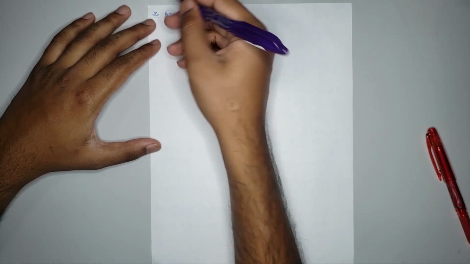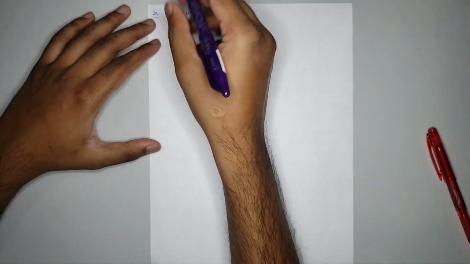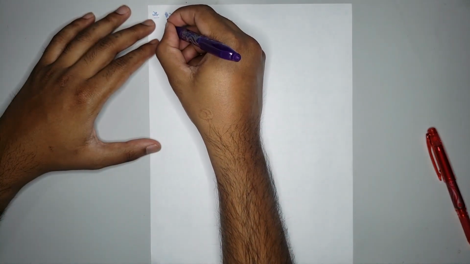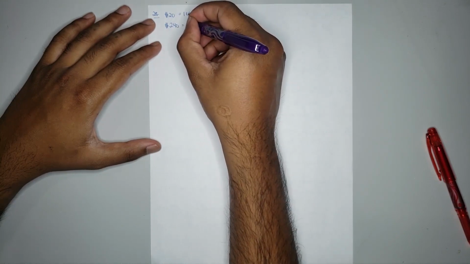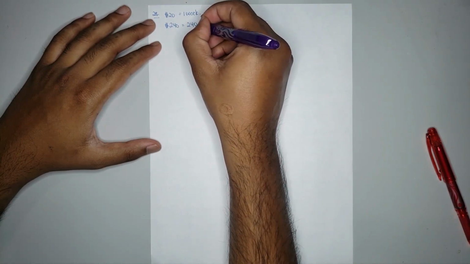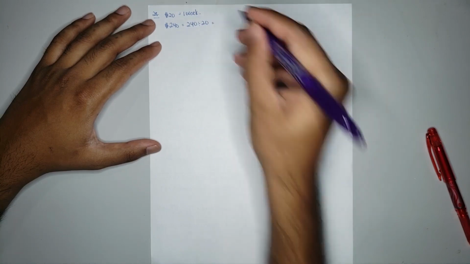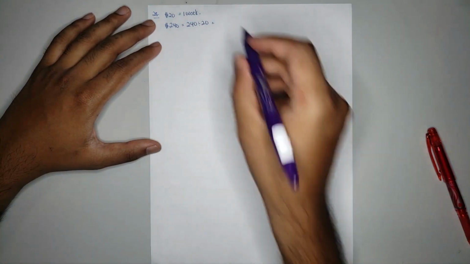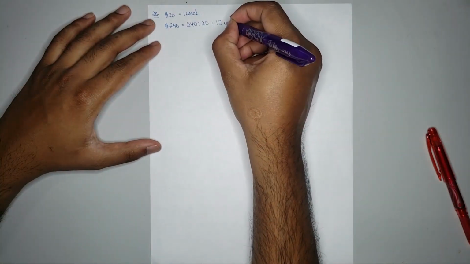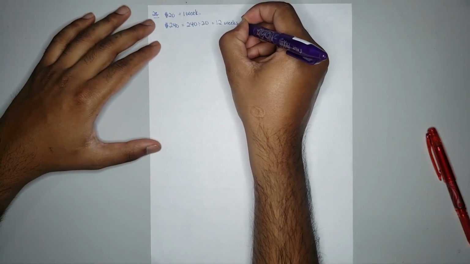So let's first calculate how many weeks she'll need to save to make $240. For $240 it will be 240 divided by 20, which is 12 weeks. So you need to save for a total of 12 weeks.